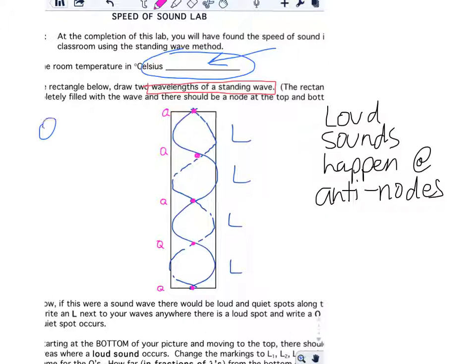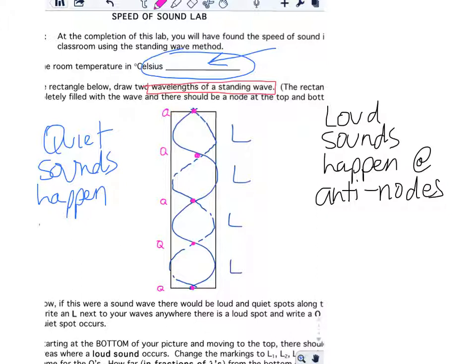And quiet sounds, oops, happen at nodes. And so you're going to mark those here.